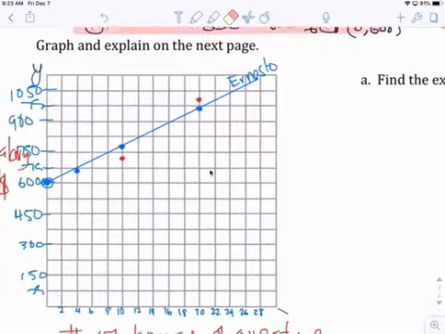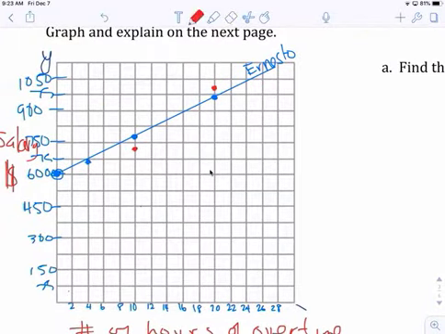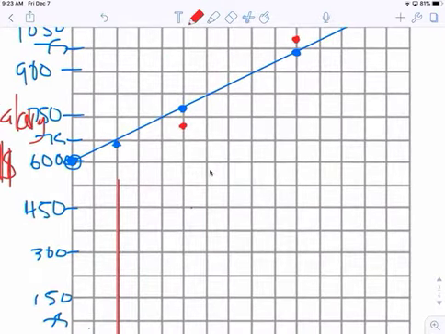And then 4, 540. That's 515, so 540 is somewhere there.